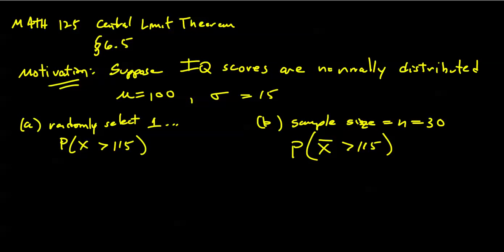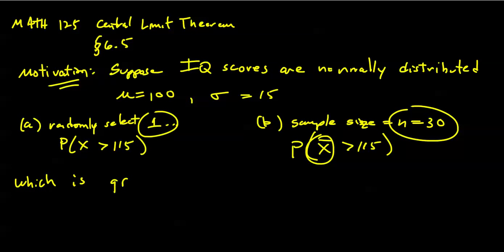Well, stare at this for a while with me and tell me what you think. What's the probability that one randomly selected score is greater than 115, or that a sample mean from a sample of size 30 is greater than 115? All right, I'm going to claim A is greater. Let me write this down. Which is greater, scenario A or B?